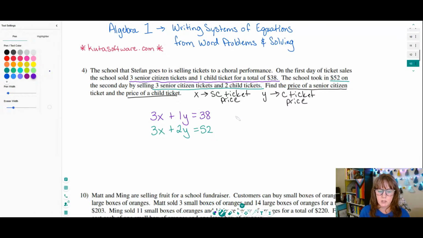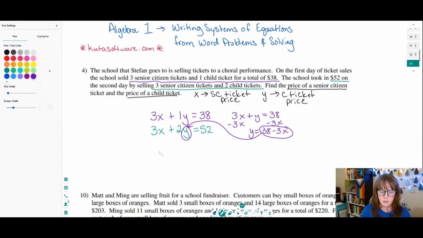So I'm just gonna rewrite this, 3x plus y equals 38. And then I'm gonna subtract 3x from both sides. So y equals 38 minus 3x. I'm not really worried about setting it up in that format of y equals mx plus b because I'm just using this for substitution. So I'm going to substitute this all in for y in the second equation.